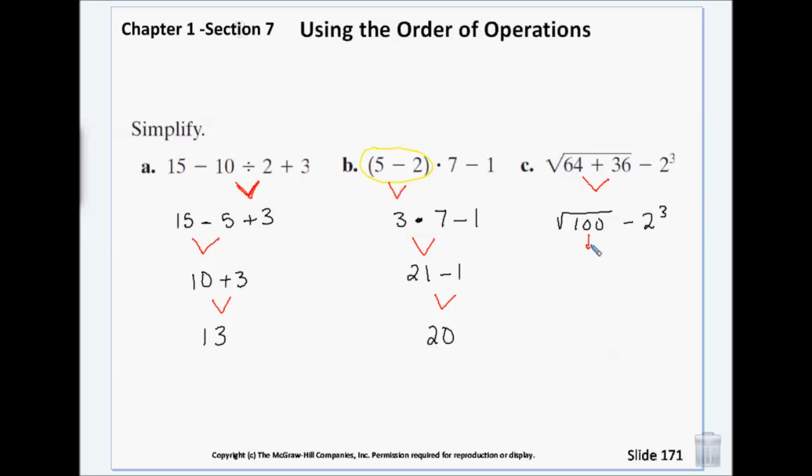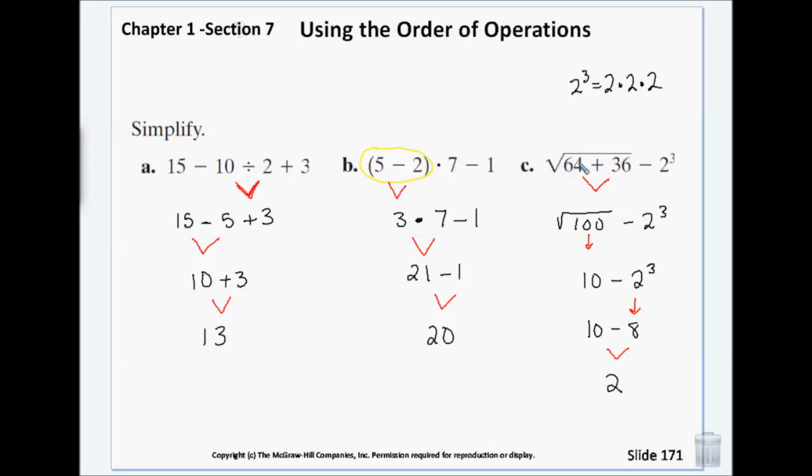So the square root of 100 is 10 minus 2 to the 3rd. Okay, and 2 to the 3rd is 2 times 2 times 2, so that's 8. And then 10 minus 8 is 2.